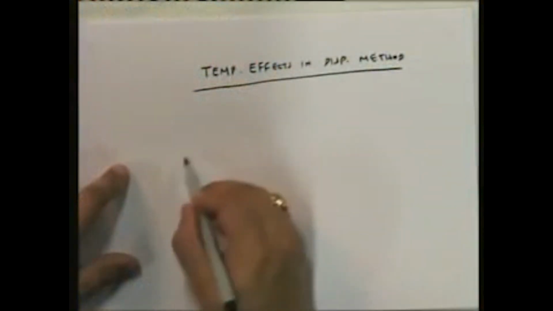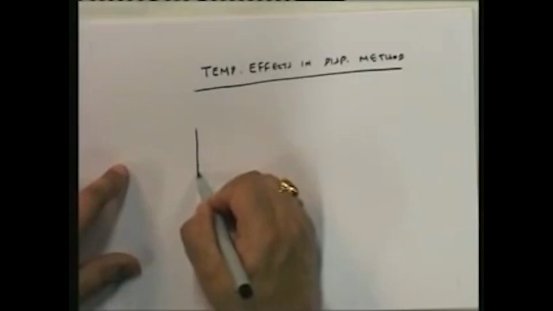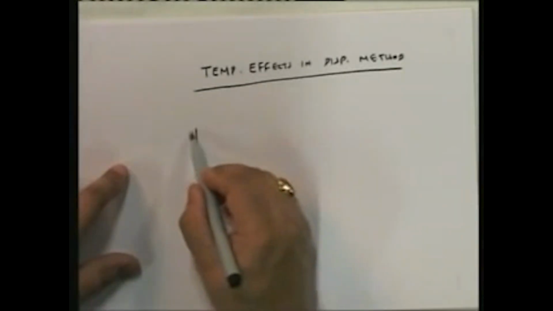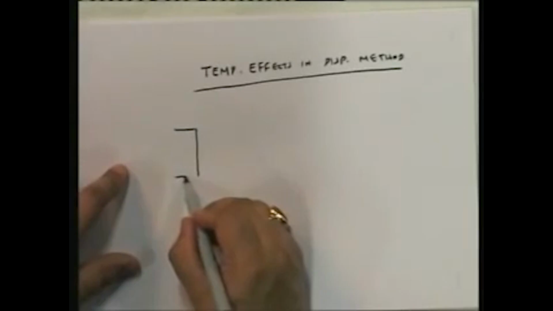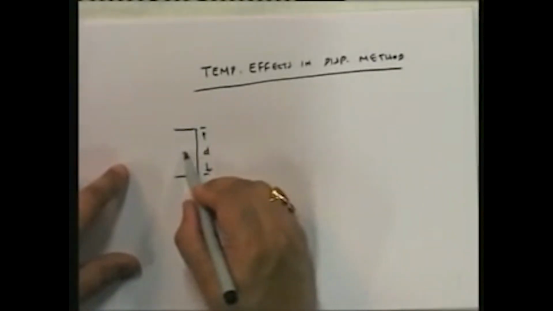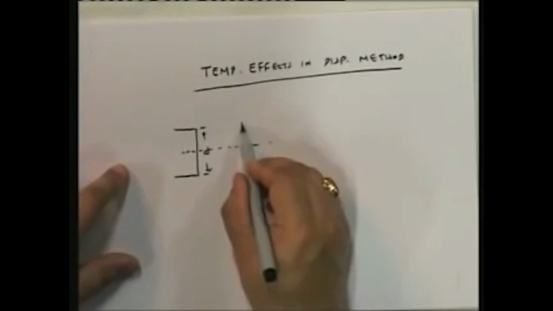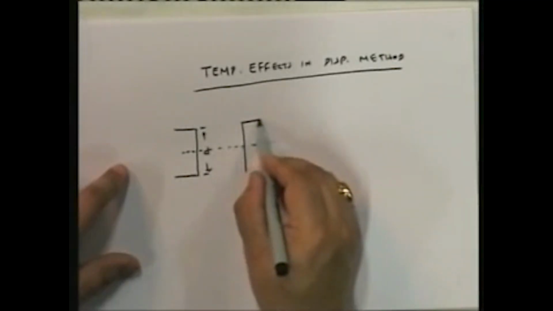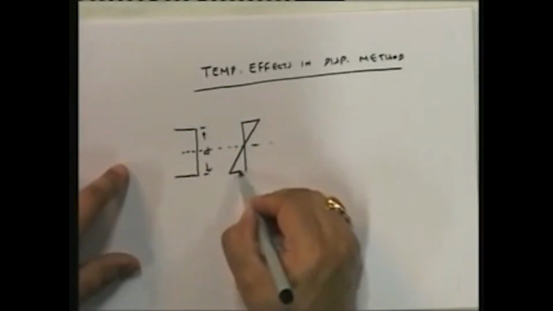If you are looking at a beam frame, we are only considering flexure, then we only consider the differential temperature. If you have a cross section, this is the top, this is the bottom, and this is your depth, and this is your, let's say, neutral axis, then essentially what you are interested in is this variation.